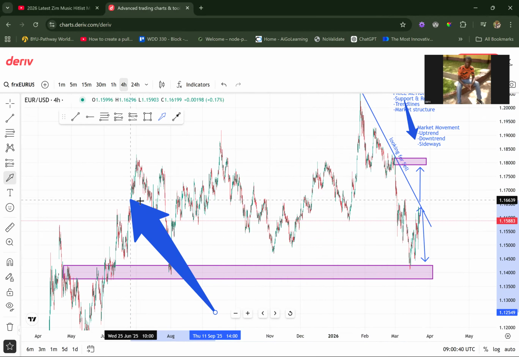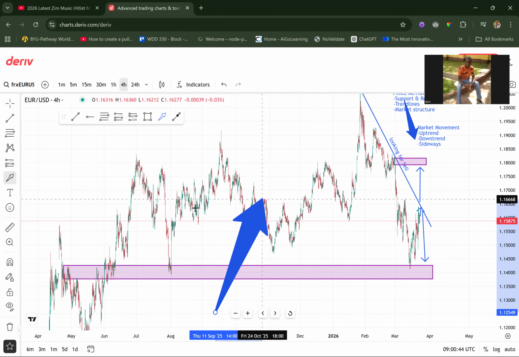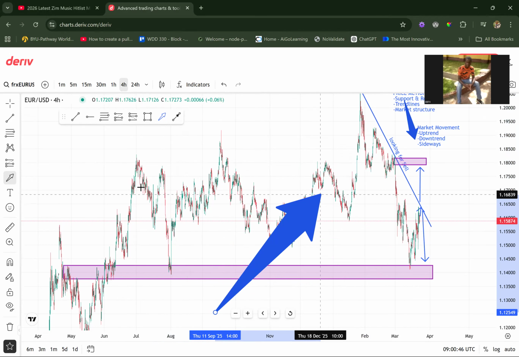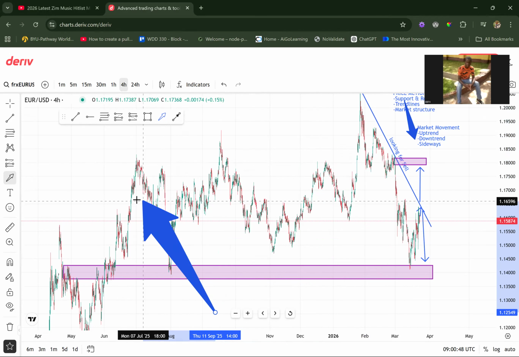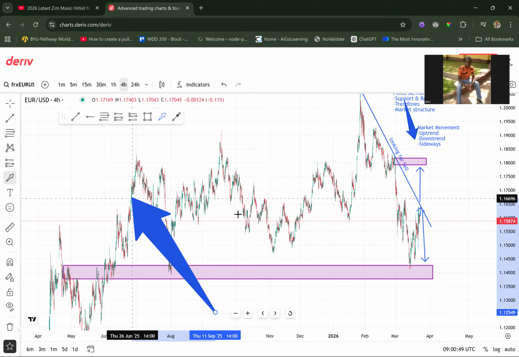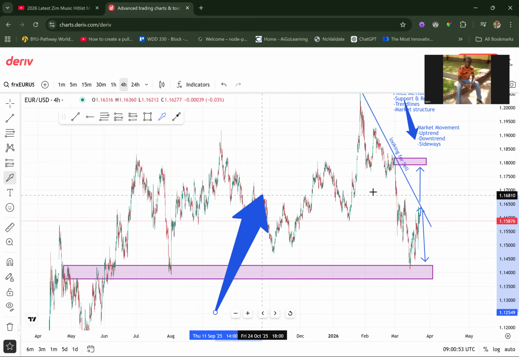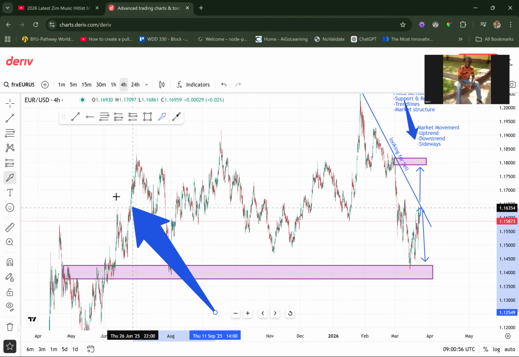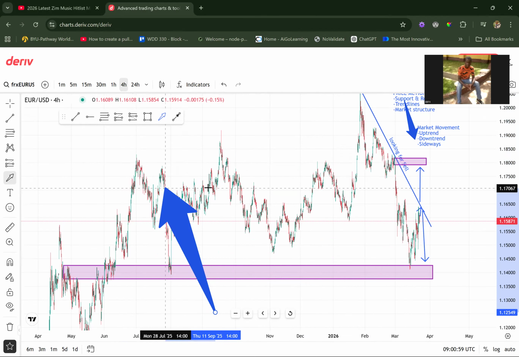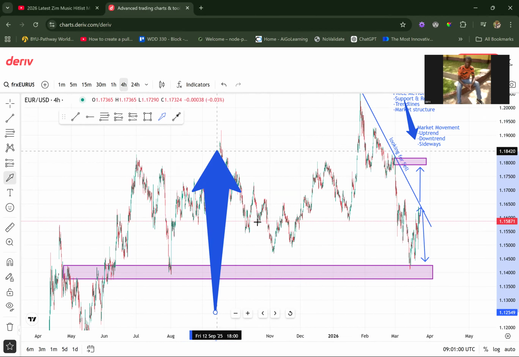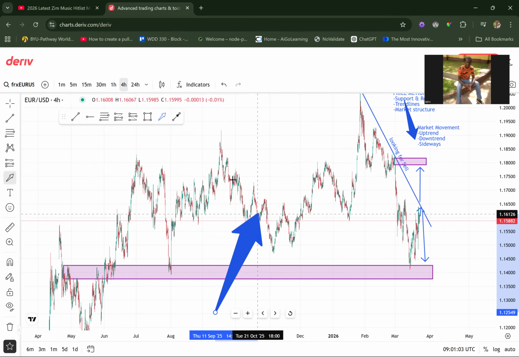This is also called consolidation, because it's sideways. The market was ranging. You know that the market is coming here, it goes down, comes back here, and it goes down in that range.